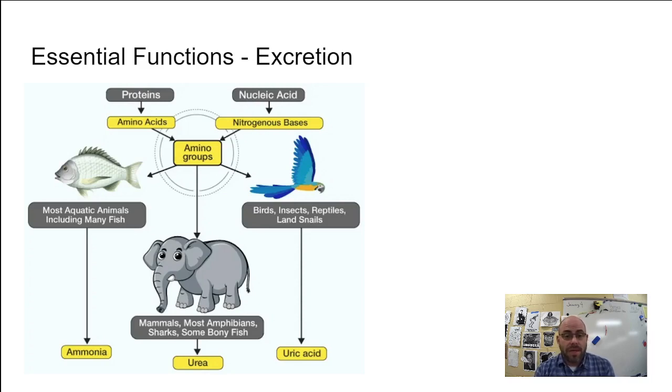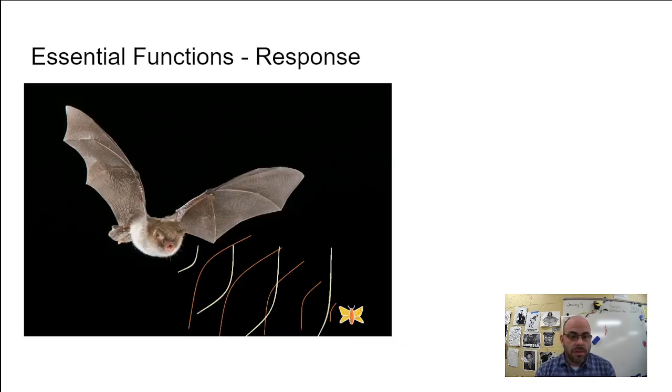A lot of animals have a structure like a kidney or something similar to a kidney in order to filter nitrogenous waste out of their blood. And that kidney also is oftentimes going to regulate water in the body. Some animals have a hard time keeping water, other animals live in water, and so you have all this kidney function that's going to be associated with that. We will talk about this as we get to it.